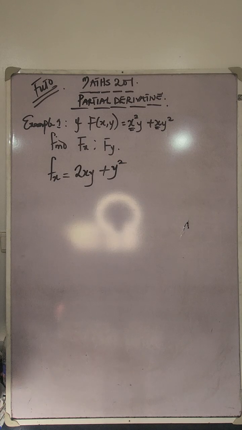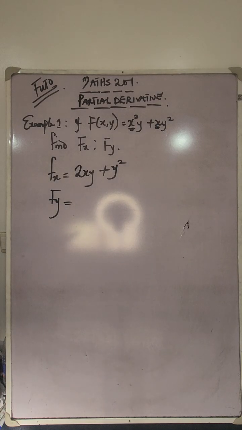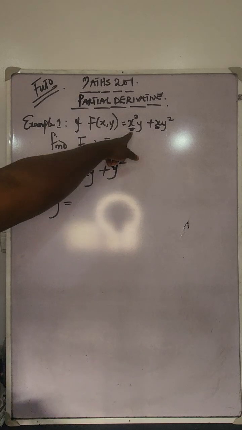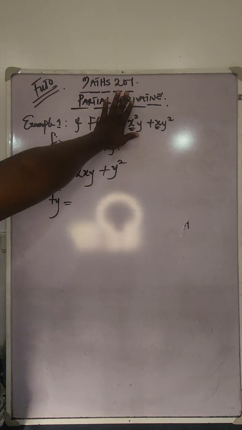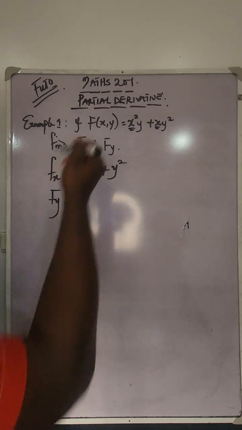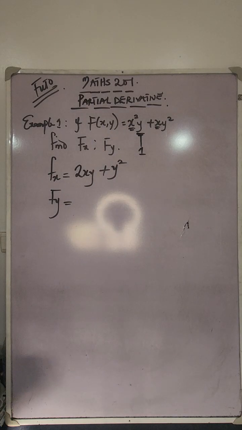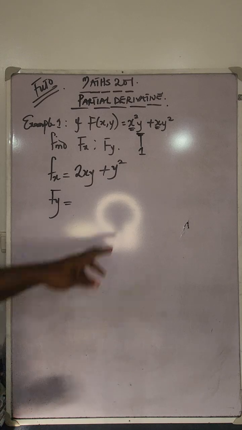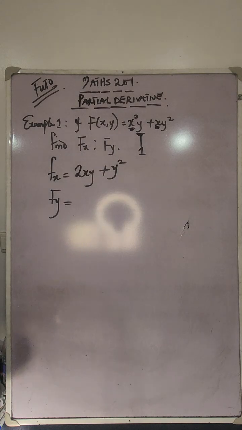f of x. So what will be f of y? Again, this time you are differentiating with respect to y. You have no business with x. It is only when you are done with your differentiation that you can multiply by the x. If you differentiate y here, you have 1. Differentiating a constant is 0. So 1 multiplied by x squared is x squared.